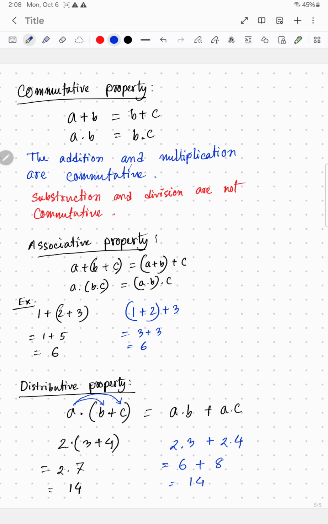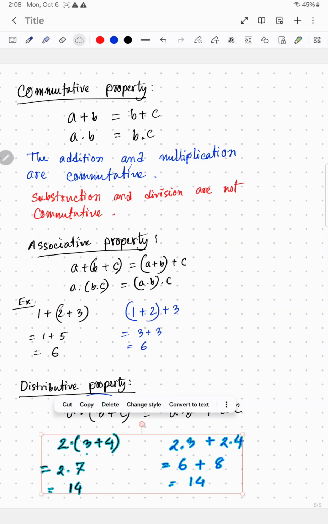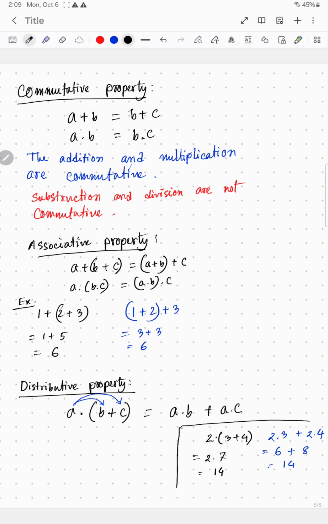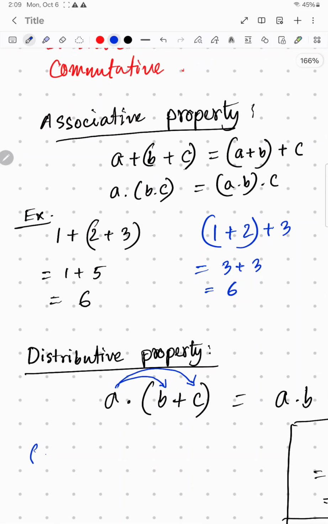So another distributive property that we use is something like this: (a plus b) times (c plus d).